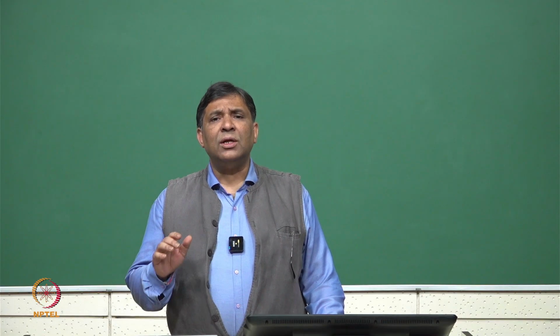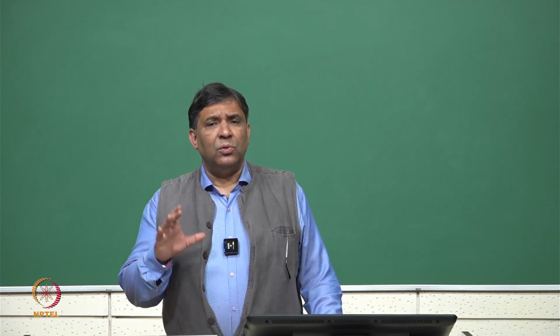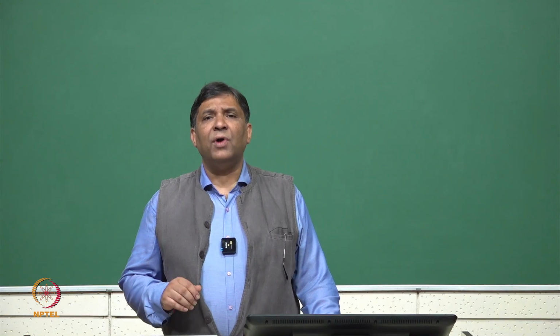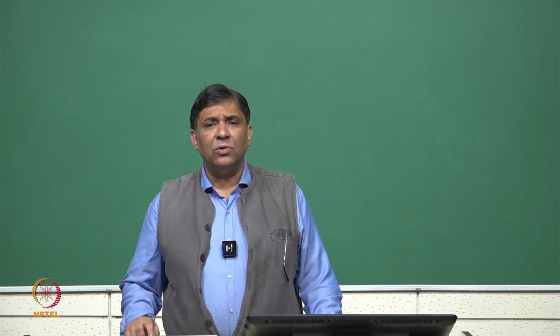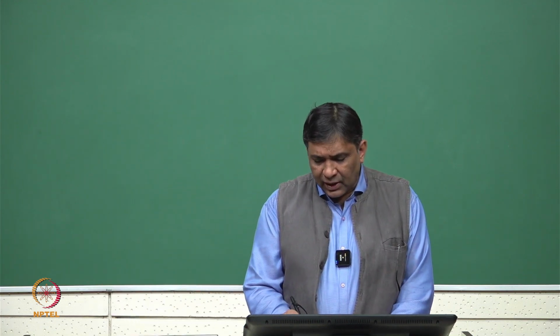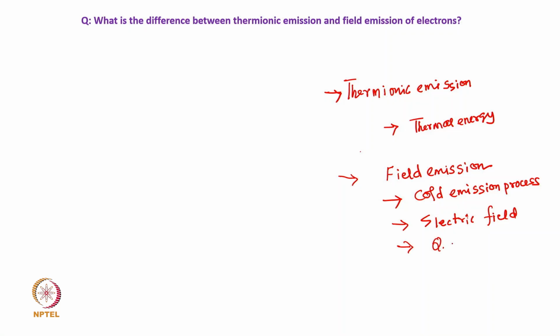But if we do not apply thermal energy and only apply the electric field, then the potential barrier is modified and the electrons come out through this potential barrier by the quantum mechanical tunneling process. So, this is the basic difference between thermionic emission and field emission.